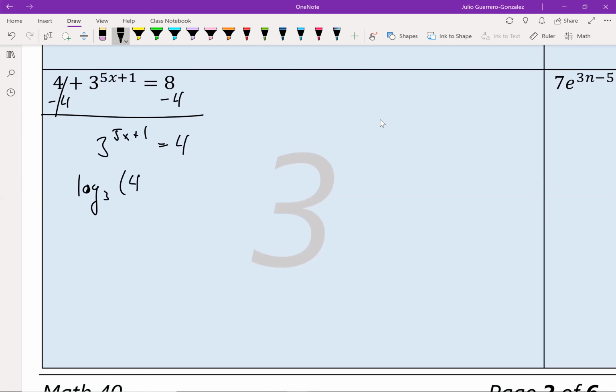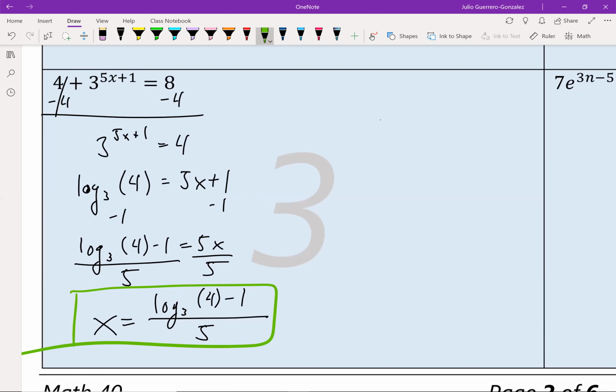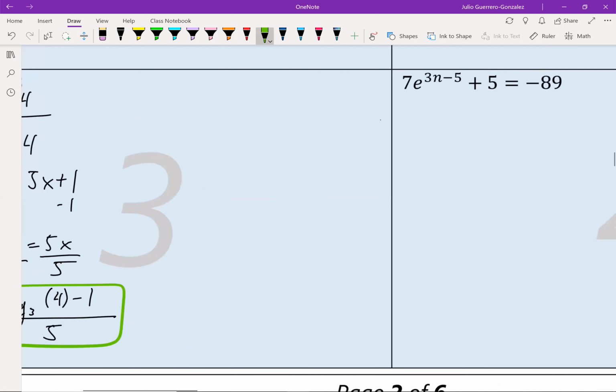And then we subtracted 1 from both sides, and then divided by 5, and we got log base 3 of 4 minus 1, over 5. Right. Not bad, right? You guys are slaying this stuff.